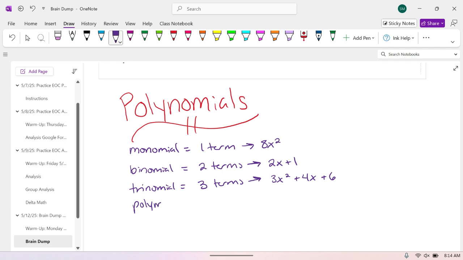And a regular polynomial is four plus terms. So an example could be x cubed plus 5x squared plus 6x plus 2.